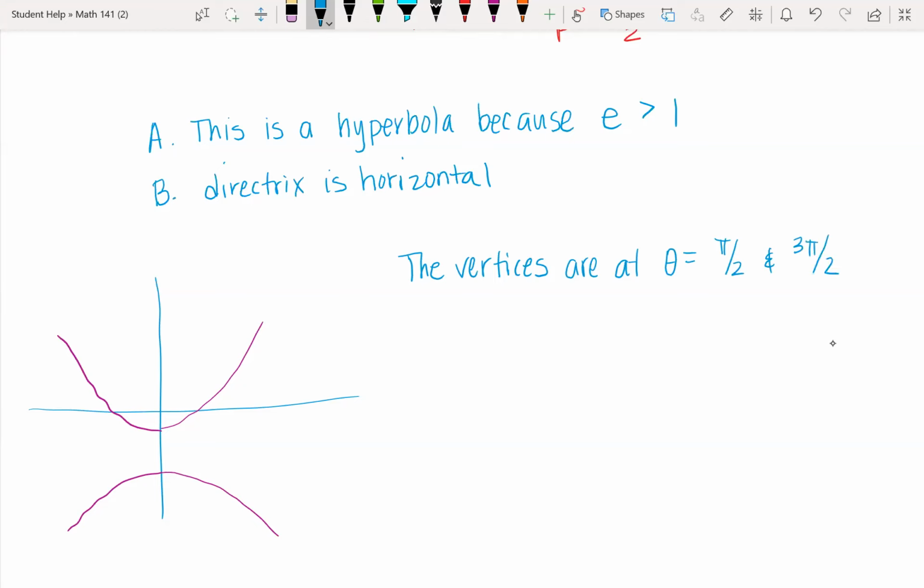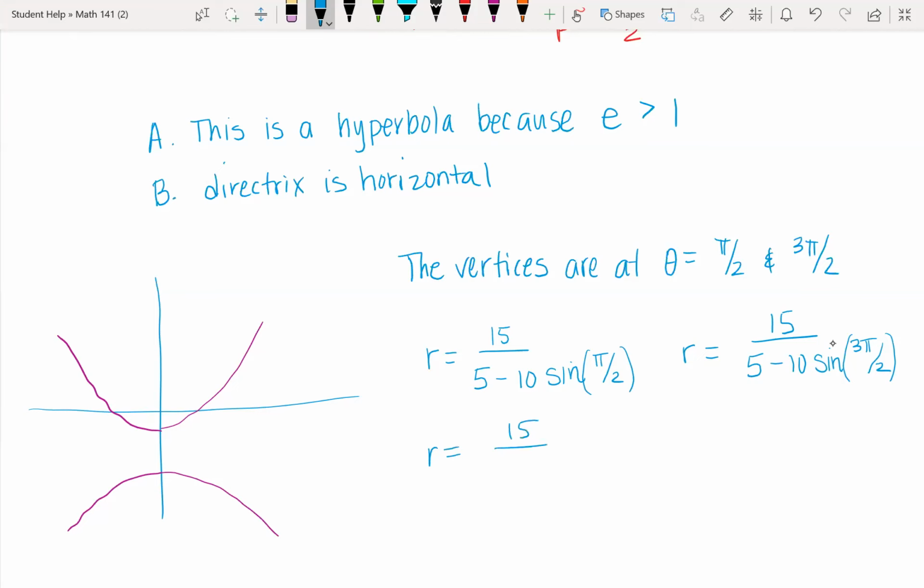So taking our original equation, we're going to say R is equal to 15 over 5 minus 10 times the sine of pi over 2. And R is equal to 15 over 5 minus 10 times the sine of 3 pi over 2. The sine at pi over 2 is equal to 1. So here we have R is equal to 15 over 5 minus 10.